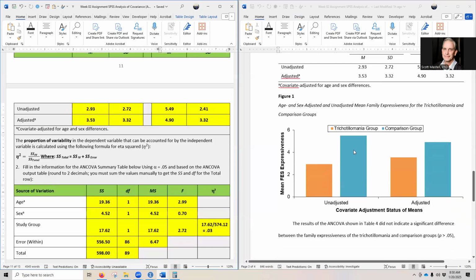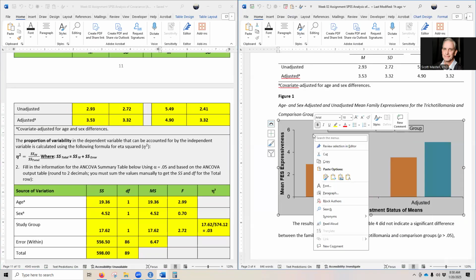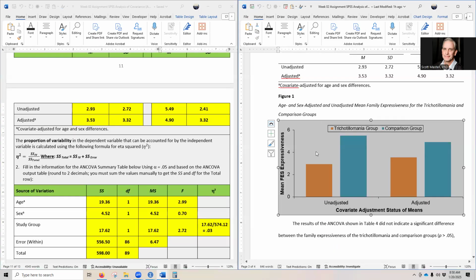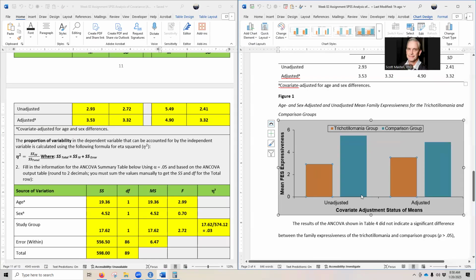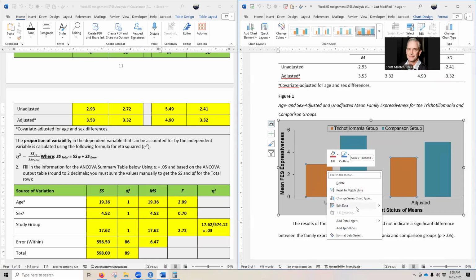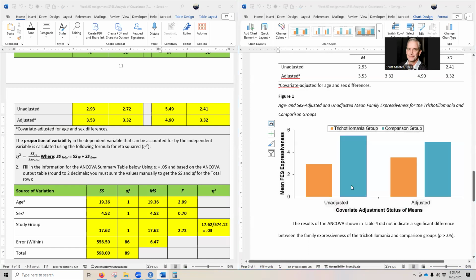Do note that on figures, you can right click on the figures if you select it right. Maybe you have to click on a data point. I don't remember, but somehow there is a way to change the data here. So right click, edit data. You can edit the data and it brings up a little table where you can actually change things. I've already filled in the correct things.